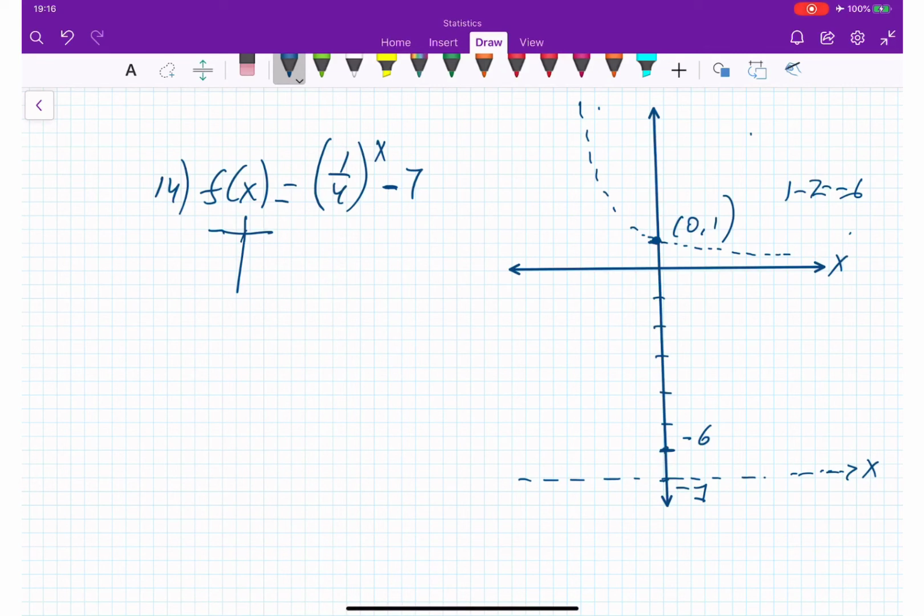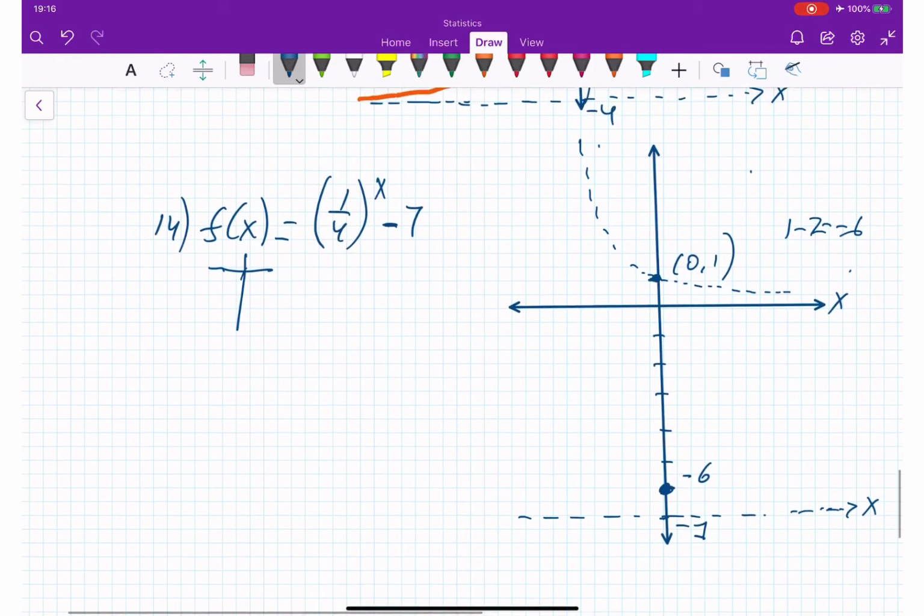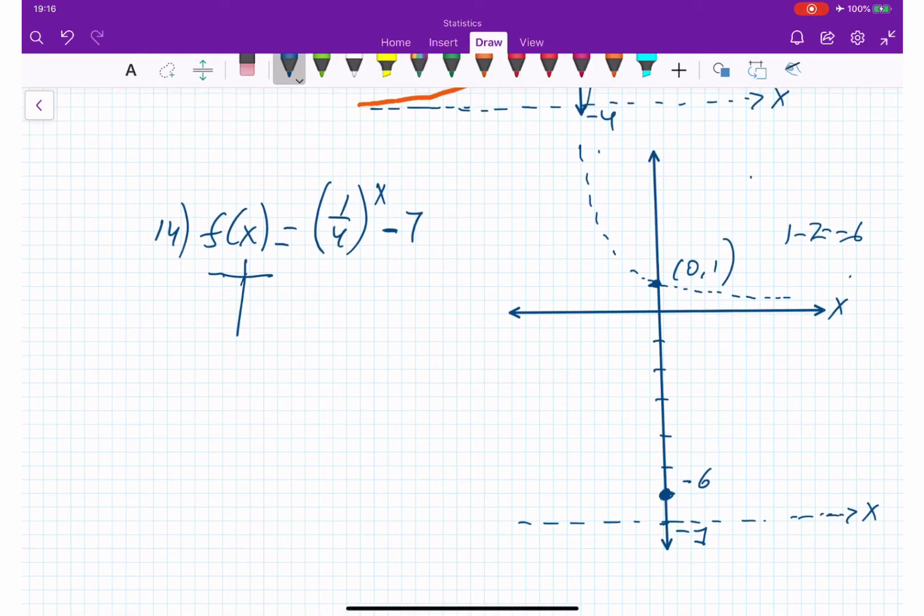All right. We don't have any horizontal shifting because we have just x and not x plus any number. Therefore, I'm taking this 1/4 to power x and just moving down to go through the point negative 6, which is going to be parallel.